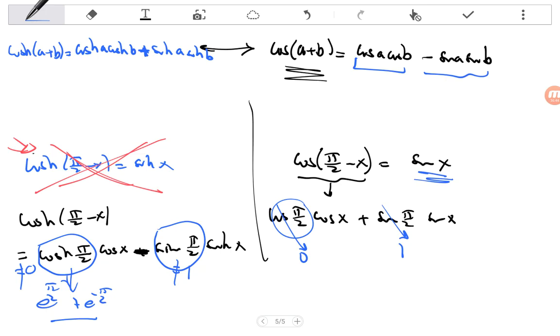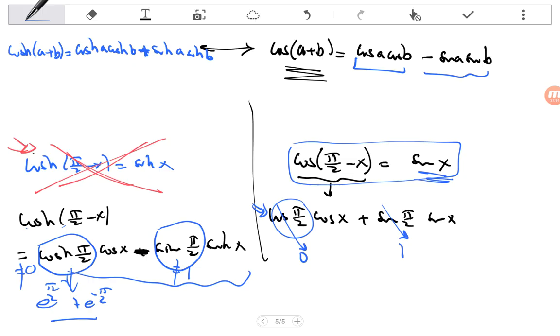So we will not have a simple expression like that for hyperbolic functions. What is the correct expression for cosine pi over 2 minus x? It would just be that whole expansion as we did as an origin for this rule. Okay? So we have learned by now how to find the analogous of any trigonometric rule that I've learned before in trigonometric functions.